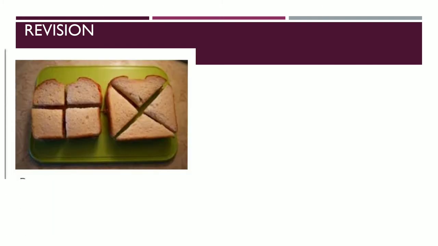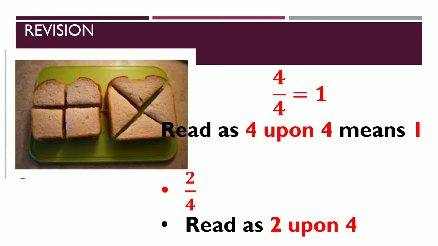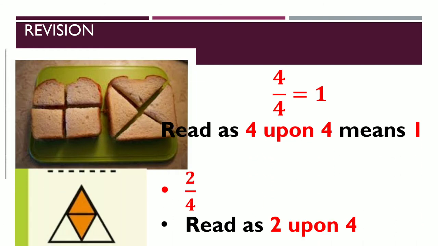Here is a picture of a bread. A bread is divided into 4 equal parts. Means it is written as 4 upon 4 means 1. The next picture is triangle.